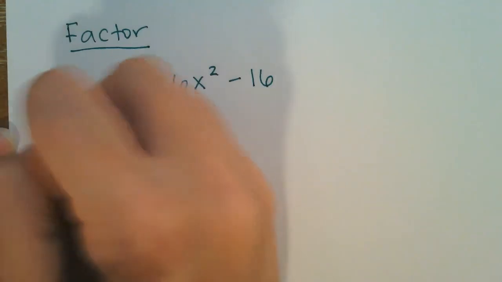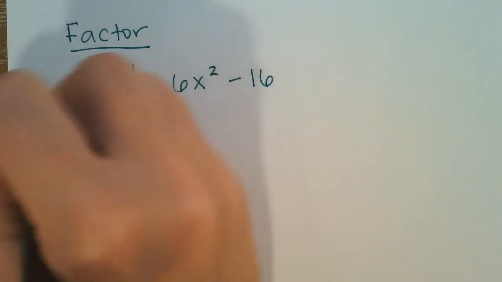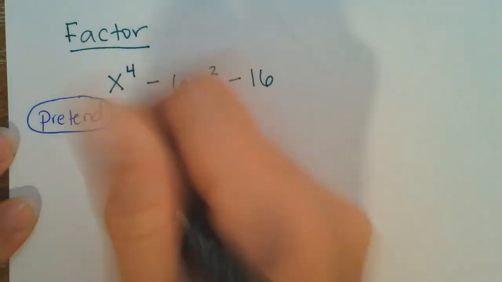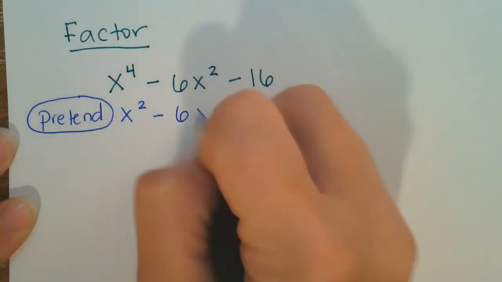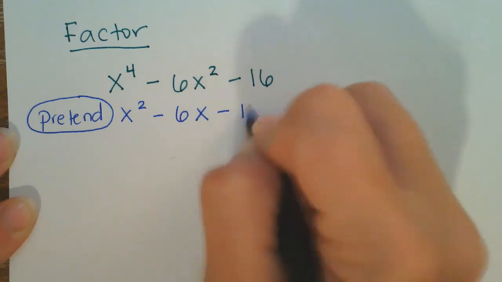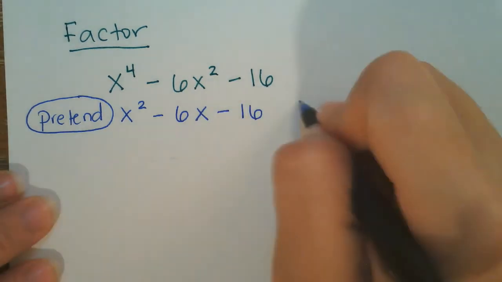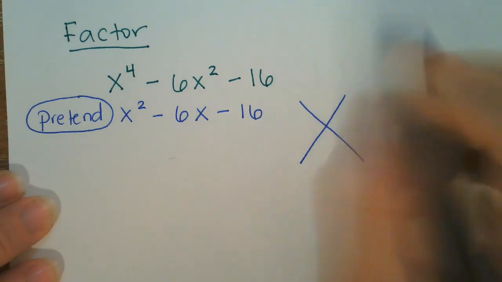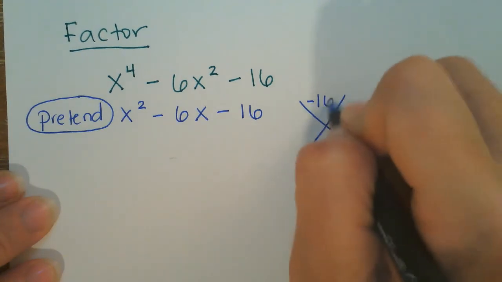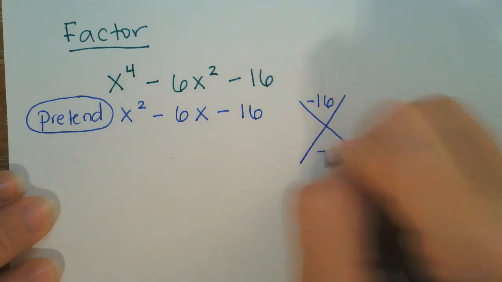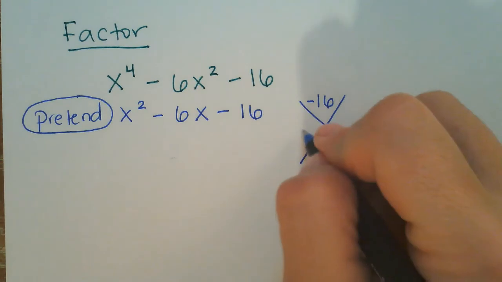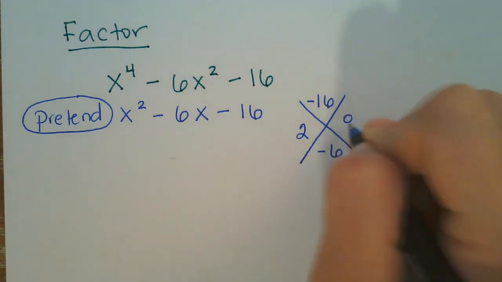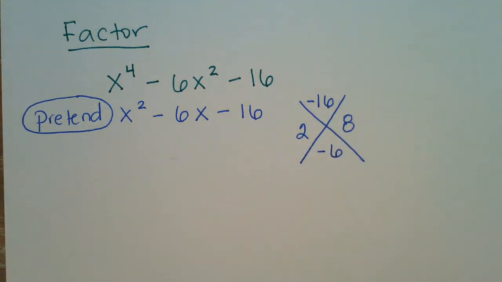So I pretend that it's not x to the 4th. I pretend that it's x squared minus 6x minus 16. And I'll factor. Factors of negative 16 that add to negative 6. So let's see, 16 is 8 and 2. I would get a 6 out of that somehow.